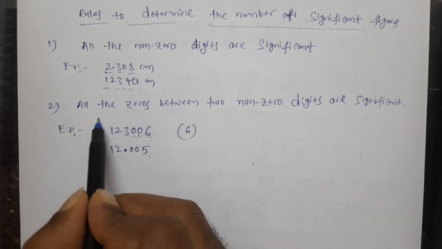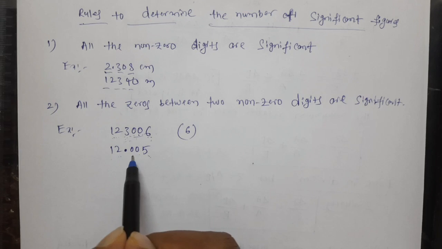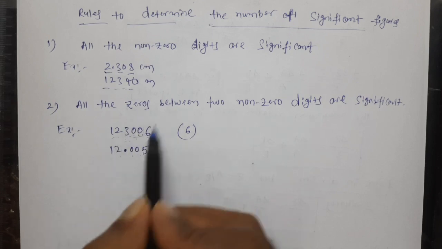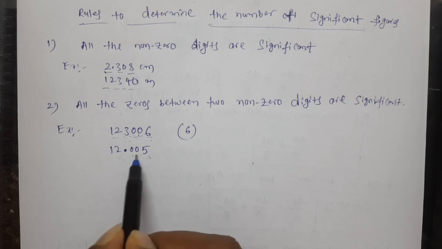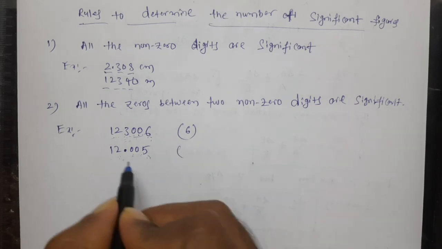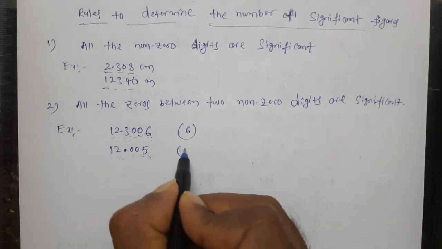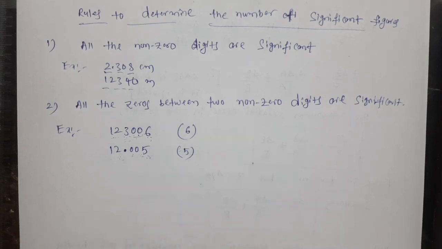And according to the second rule, the zeros between two non-zero digits are also significant. So total 5. This is rule number 2.